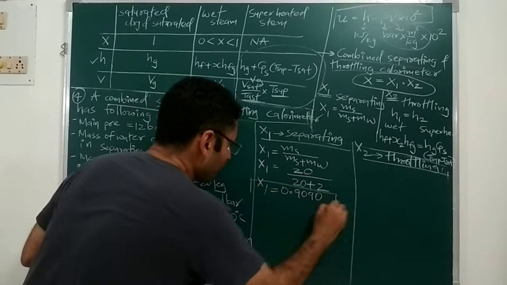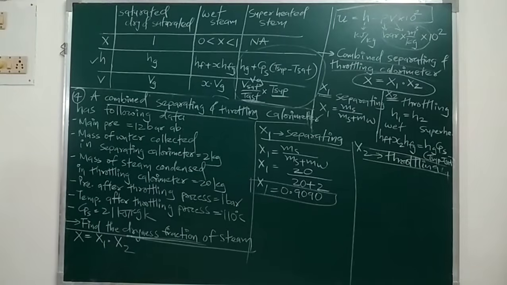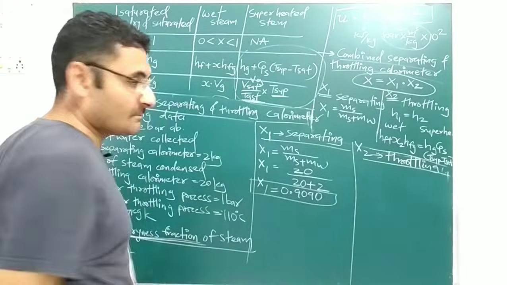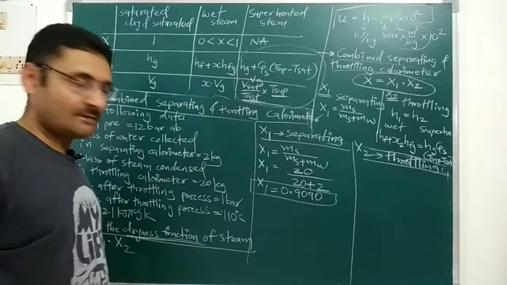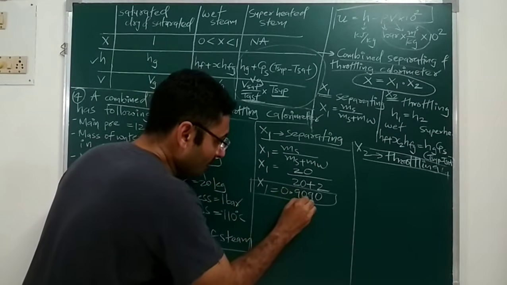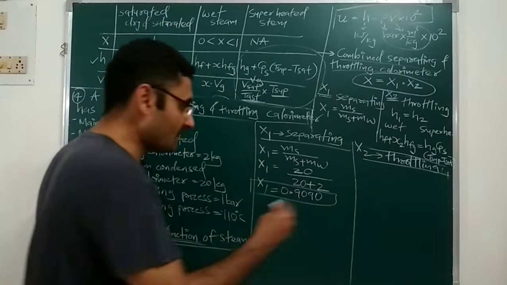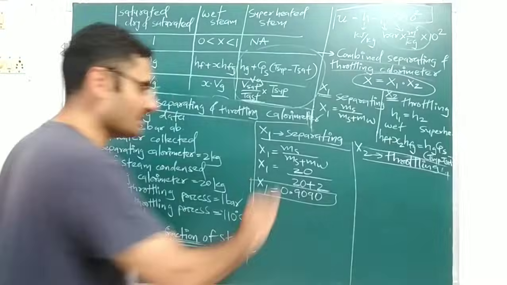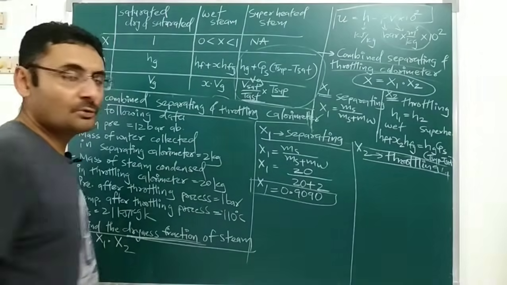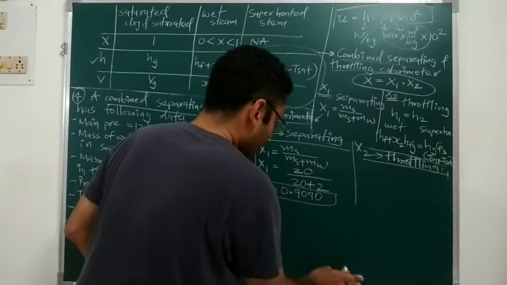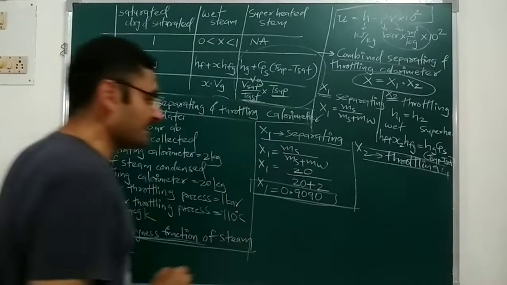Now remember one thing: whenever you are solving numericals based on combined calorimeters, the values of x1 and x2 you have to keep up to 4 decimals, like 0.1234. Only when you multiply both will you get the correct answer. So in short, you should put the answer up to 4 decimals.